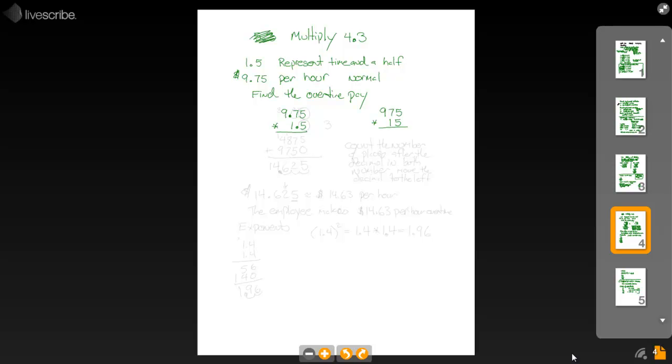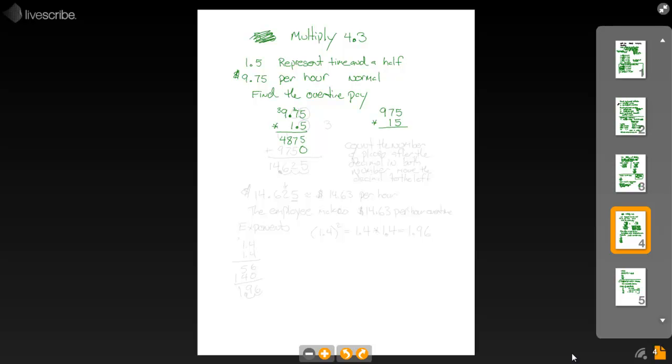So 5 times 5 is 25, 5 times 7 is 35, 36, 37. 5 times 9 is 45, 46, 47, 48. I always mess up if I don't kill off my carries from the previous one. Throw in a 0.